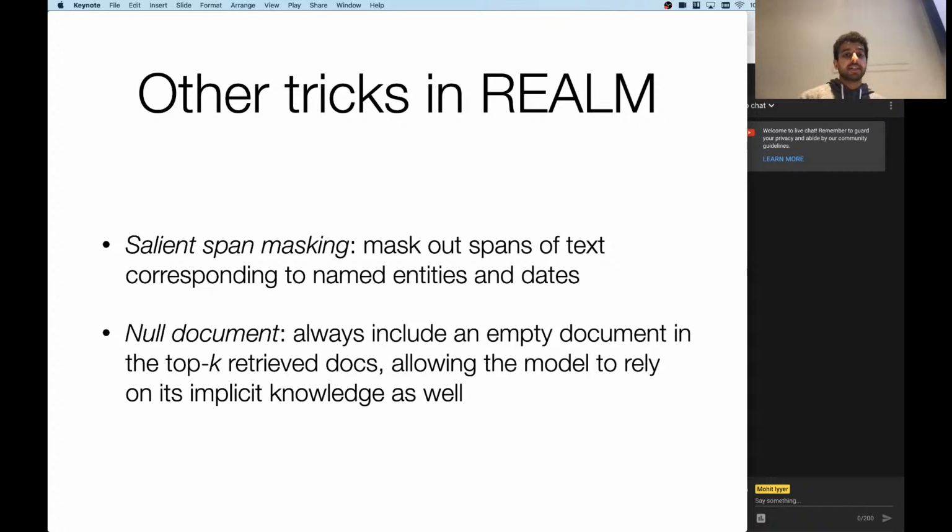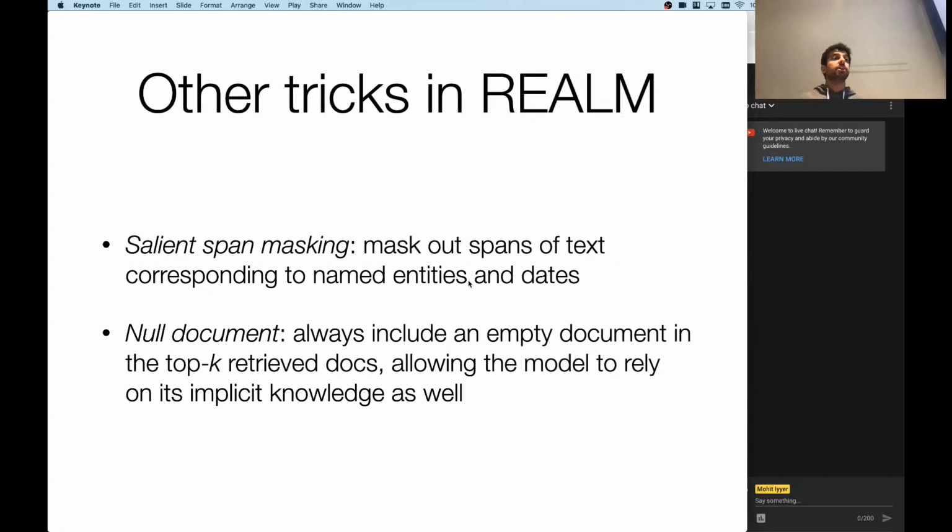When you're training your BERT model and you want the retrieval to help, you know that the retrieval is going to help mainly in making better predictions of entities or dates or very specific facts, right? Like the pyramidion is some sort of rare entity that maybe you don't want the model to memorize in its parameters, but is something easily accessible by querying a data store.